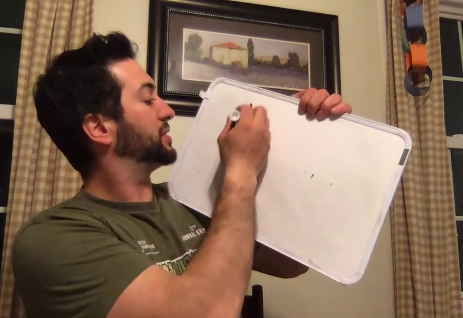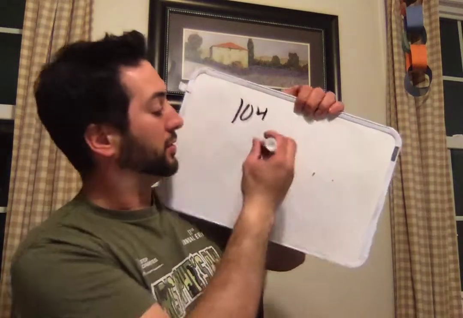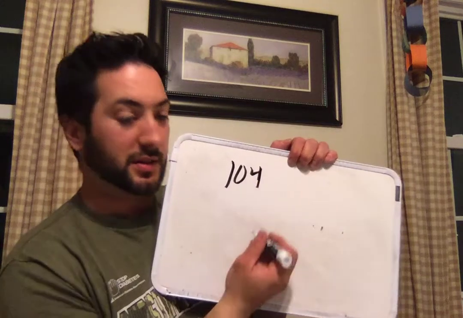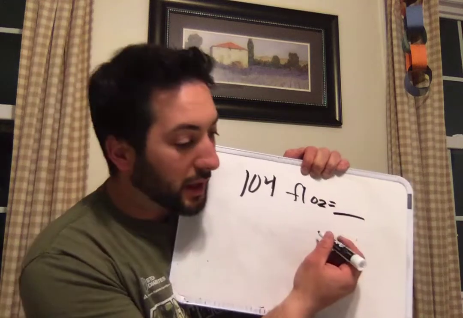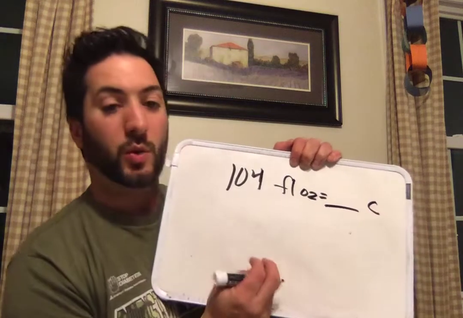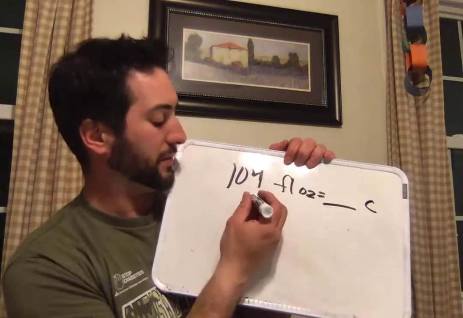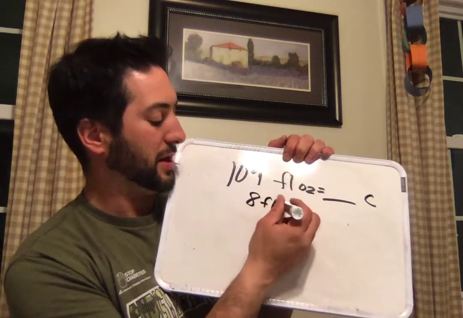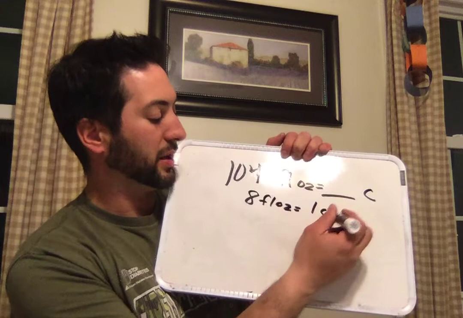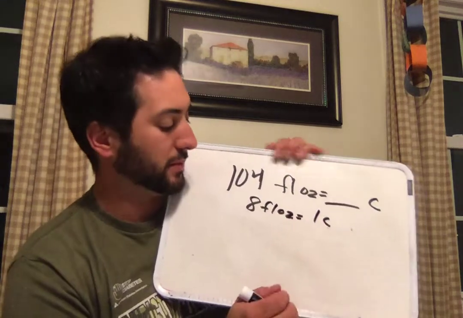104 fluid ounces equals blank cups. Well, what is our conversion factor? Our magic number: 8 fluid ounces equals 1 cup. And one of these is always going to be 1, right?